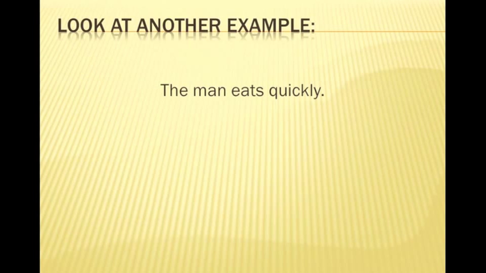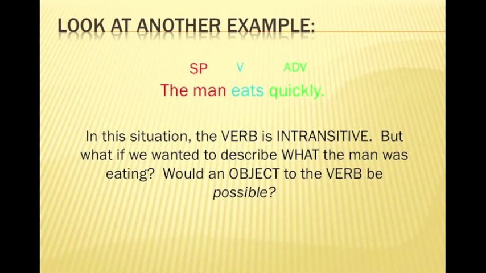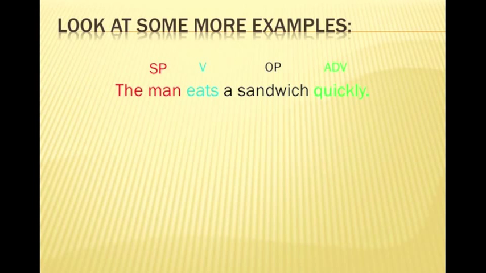Now, let's take another example for a moment. If I said the man eats quickly, using the same word, quickly, in this situation, we notice that the verb itself is intransitive. We're not talking about what he's eating, we're only describing the fact that he eats. So in this case, our use of the verb is intransitive. Now, part of the question first is, could we add an object? Would that be possible here? Well, if I wanted to change the intention of the sentence, we could.